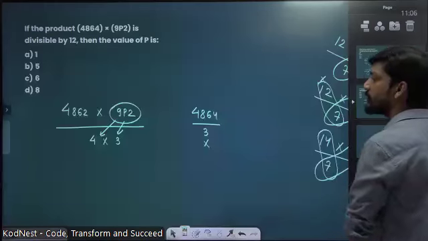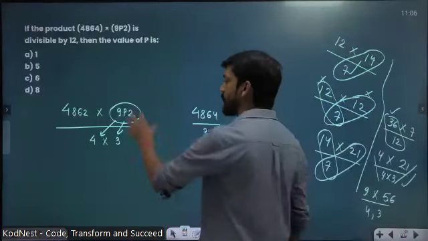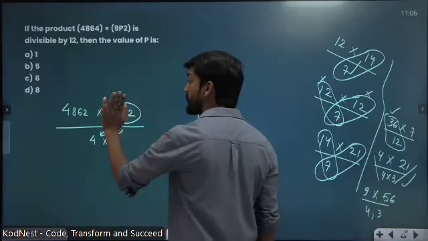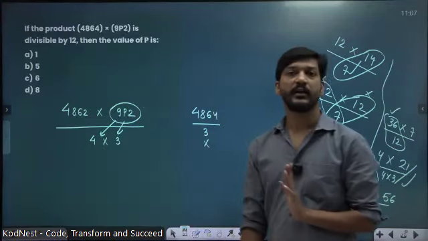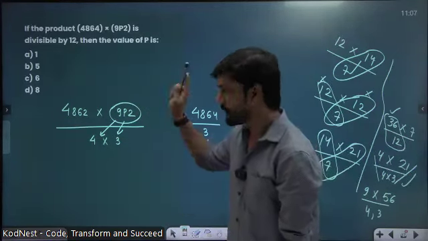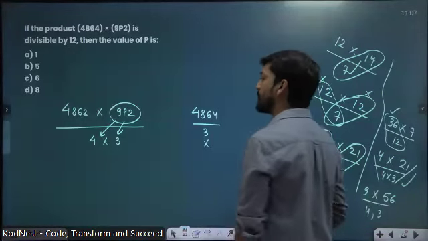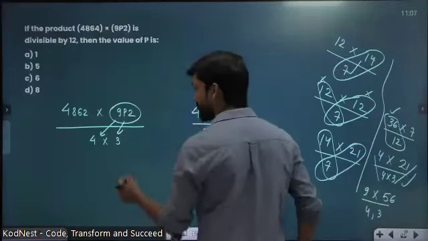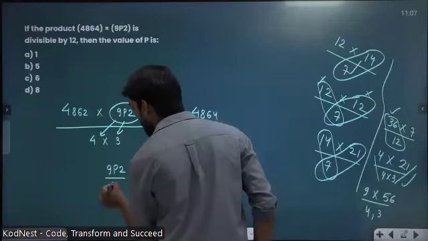Okay. Suppose I solve this question, this one single number should be divisible because it is not divisible by 4. It is not divisible by 3. So dependency of 4 and 3 will come down to 9p2, right? Okay. So please answer. We have calculated previously 9p2 divided by 3.